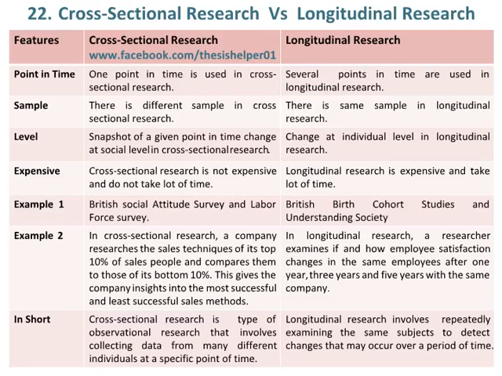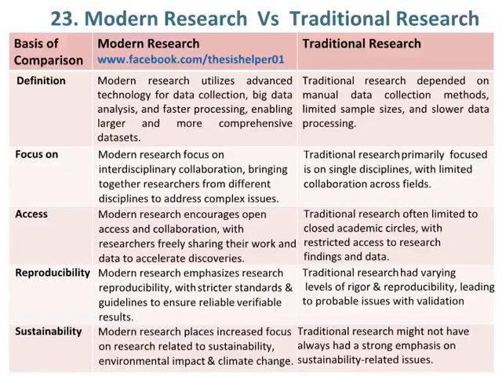In short, cross-sectional research is a type of observational research that involves collecting data from many different individuals at a specific point in time, whereas longitudinal research involves repeatedly examining the same subjects to detect changes that may occur over a period of time.